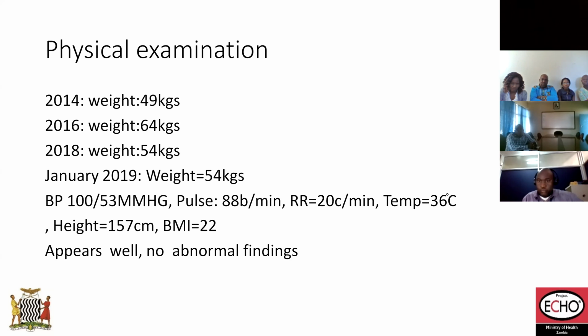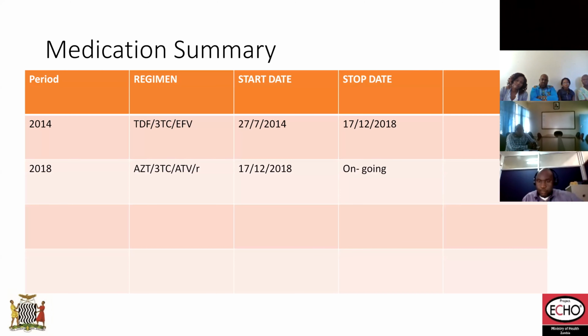Her BP was 100/53 millimeters of mercury, and her pulse was 88 beats per minute. Respiration is 20 cycles per minute, and the temperature is 36 degrees Celsius. Her height is 150 centimeters, and her BMI is 22. And this client appears well with no abnormalities detected on physical examination.